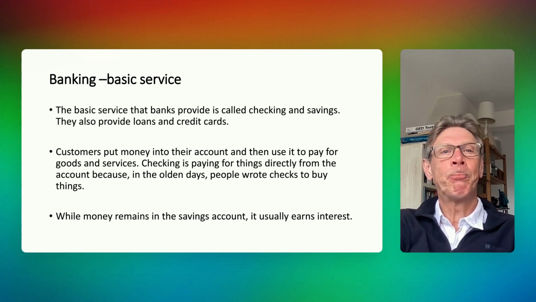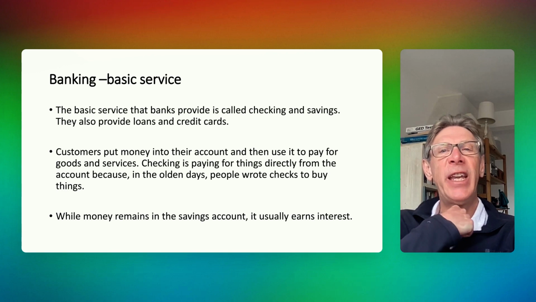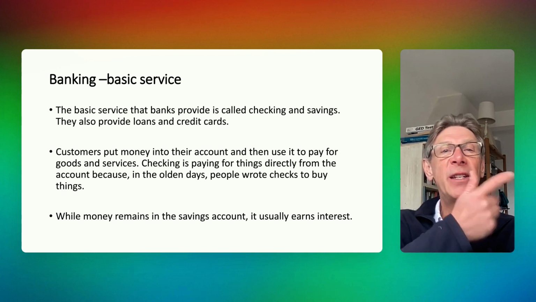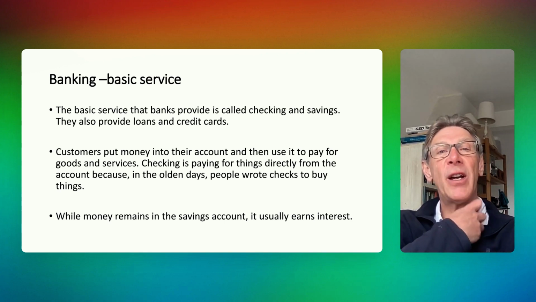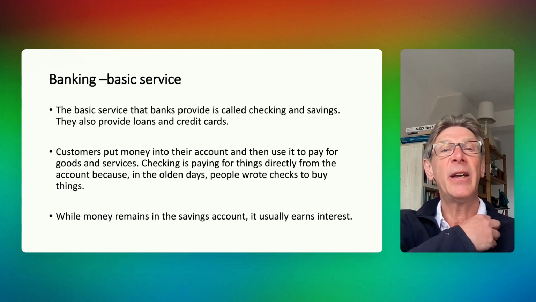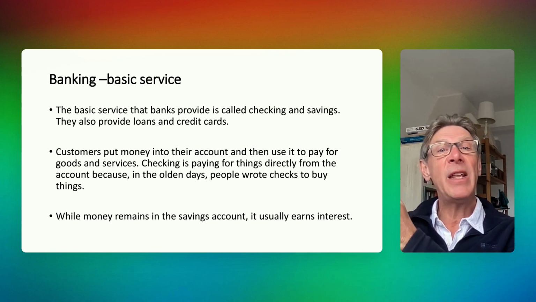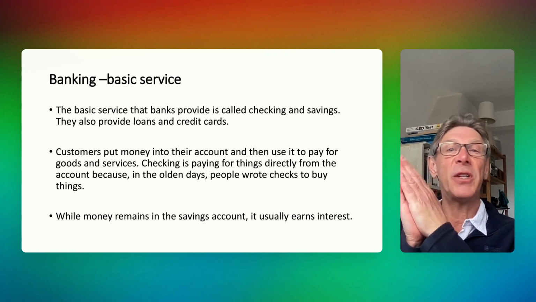Banking. The basic job that a bank does, we call it checking and savings. Checking is if you're using your savings in the bank to buy things in the shops. You give the shop your credit card, or maybe you write it a check, and then it goes back to the bank, and the money that was in your account goes to the shop's account.